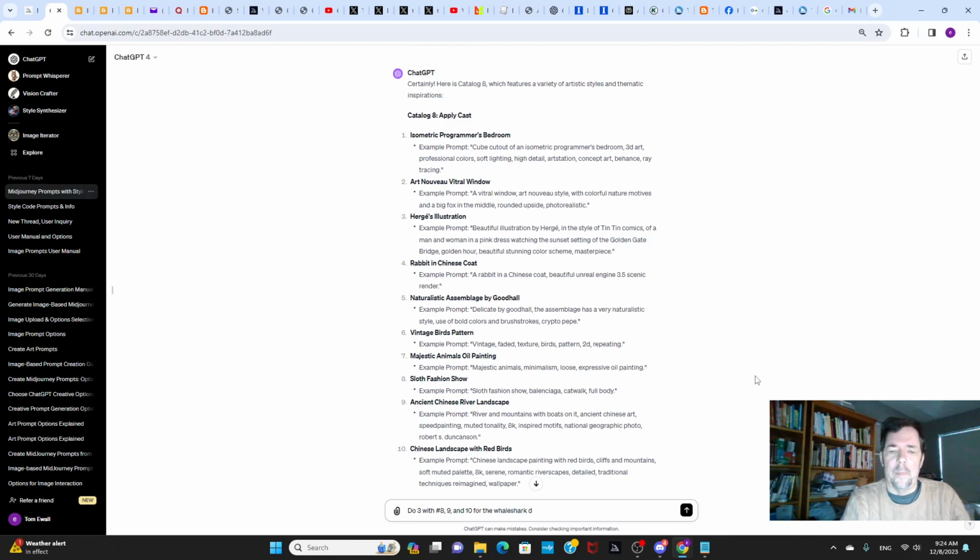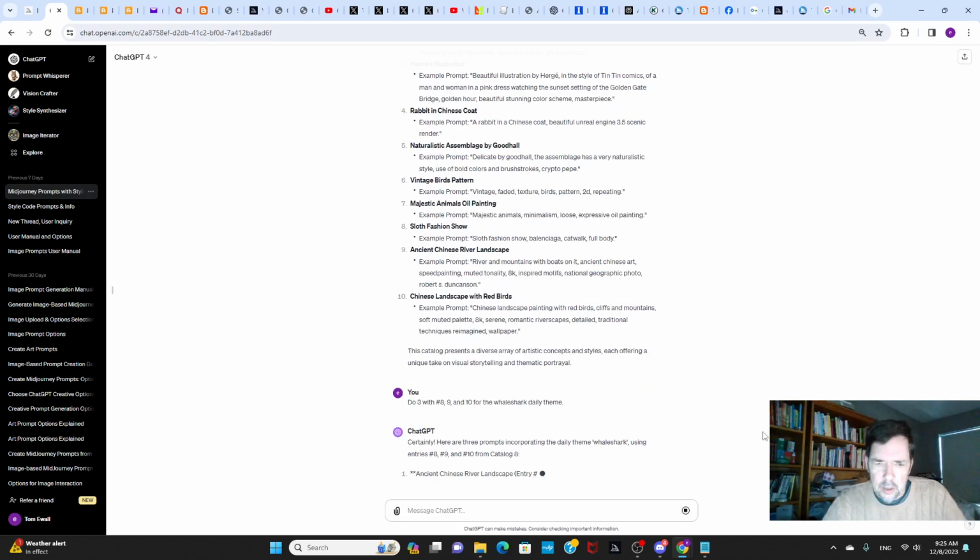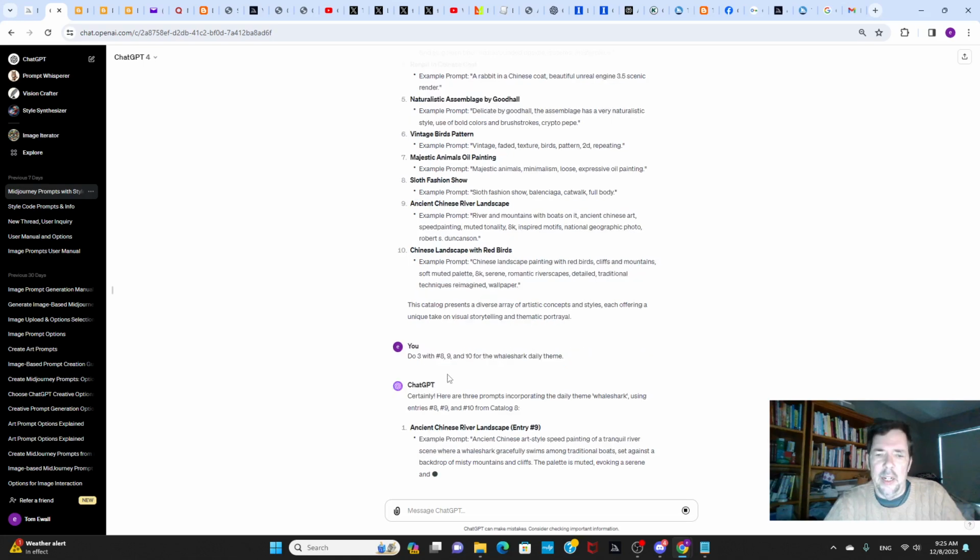Daily theme. Okay, so I mentioned the whale shark daily theme, so I think it's smart enough to know that it'll have to include that in the prompt since I explained it earlier. It's not 100%, but I expect it will. And so you can see that it understood. I just said 8, 9, and 10, and it understood from the context that I meant 8, 9, and 10 from the catalog.